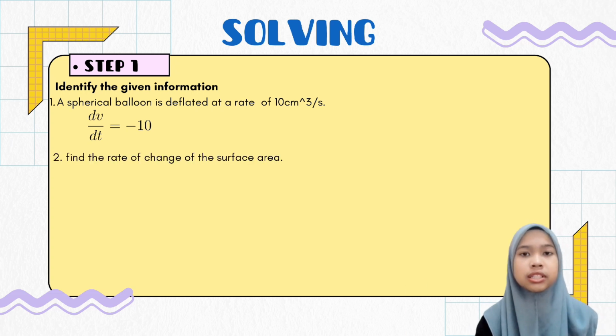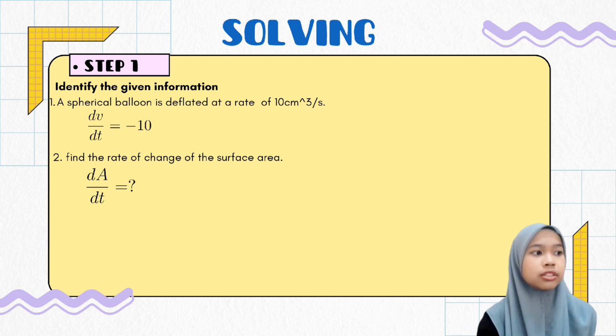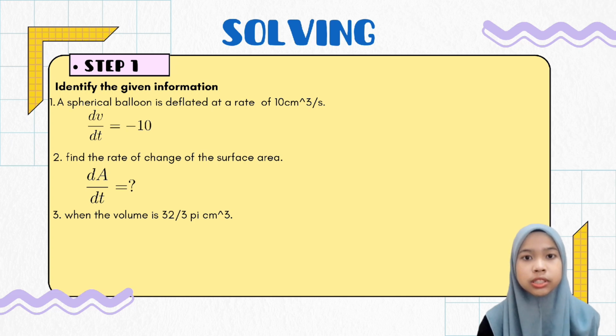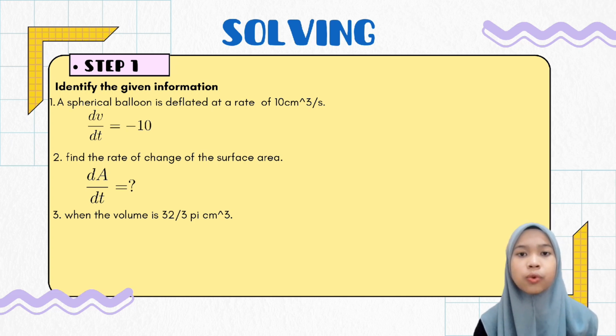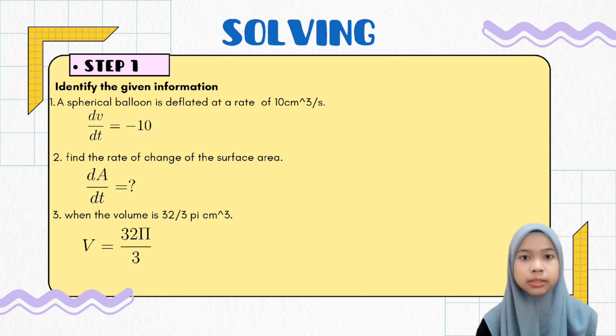Second information is find the rate of change of the surface area. We can write it as dA over dt equals, we don't know the answer, which means we need to find it in this calculation. Third information is when the volume is 32 over 3 pi cm cubed. We can write it as volume equals 32 over 3 pi.